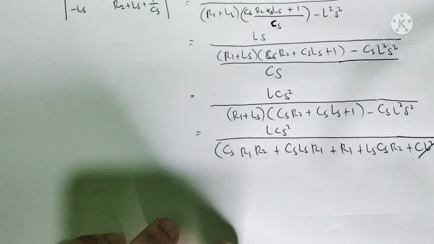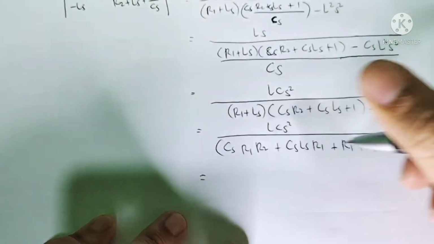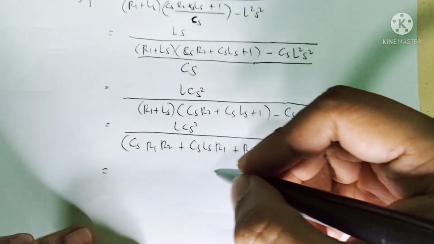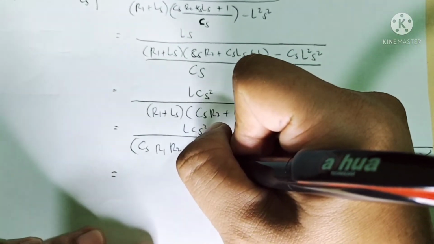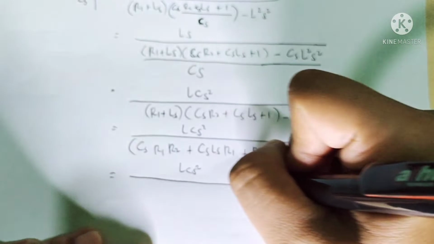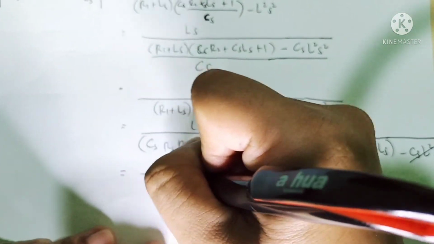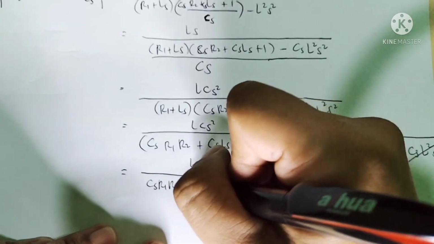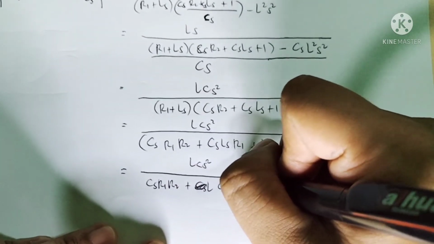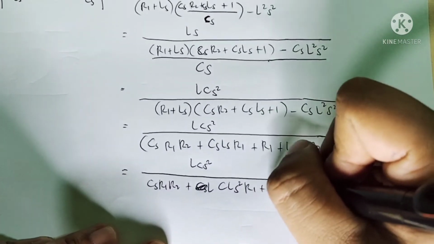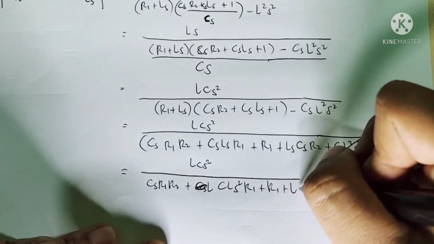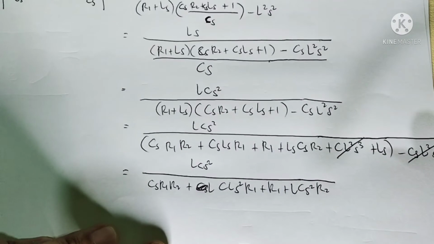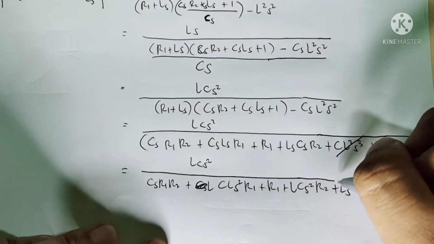Therefore this will be LCs squared divided by Cs R1 R2 plus Cs L s squared R1 plus LCs squared R2 plus Ls.